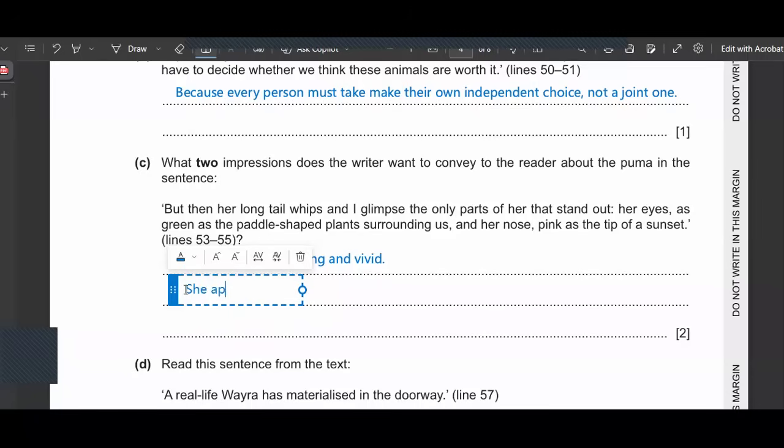So we can say that she appears both beautiful and wild. If for this sort of question you have given only one impression, you will not be able to get 2 out of 2. And if your impression is wrong, you may be given a 0 mark. So you have to make sure that the impression you take out is from the exact text mentioned.